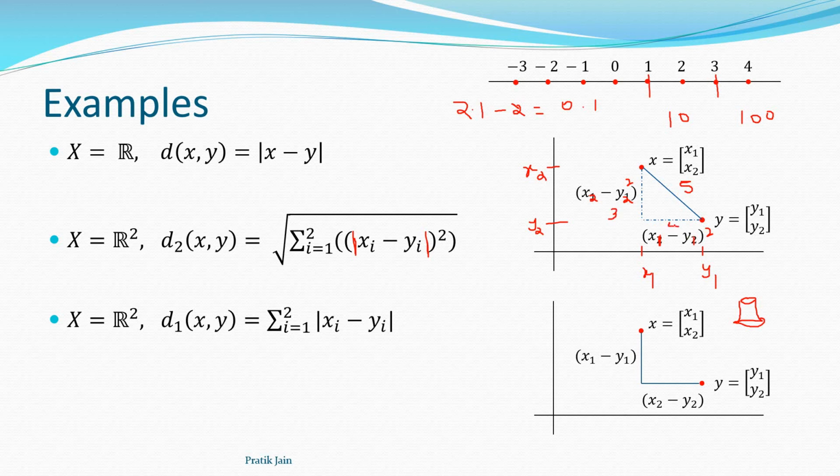Okay, so 5 is actually less than 3 plus 4, right? That is 7. So d1 distance is greater than d2 distance. Okay, so this is something that actually changes the notion of distances, right? So that's what I want to say.